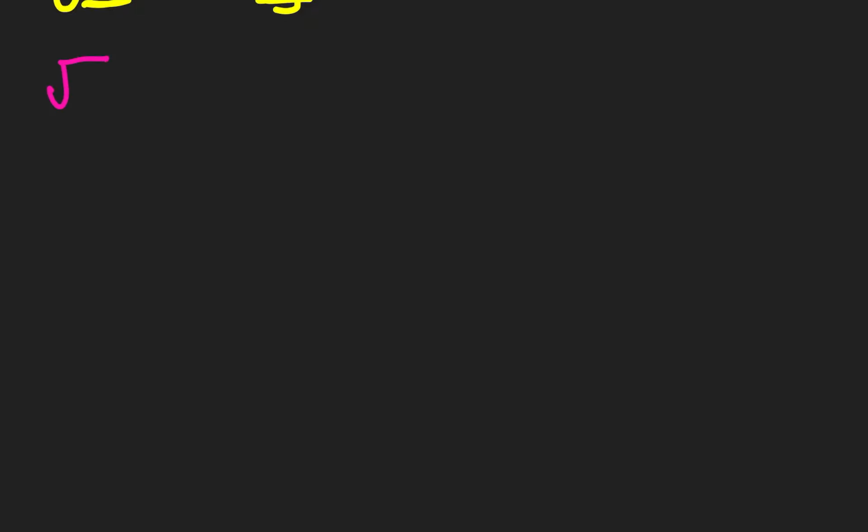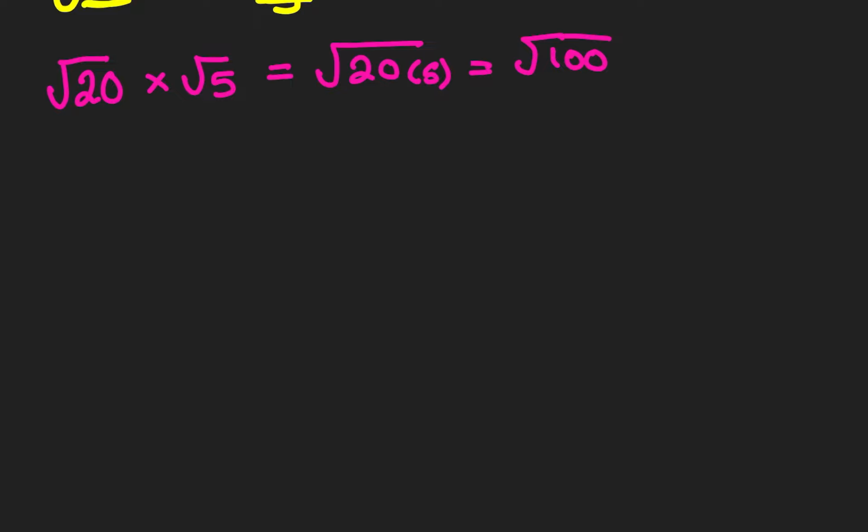Root 20 multiplied by root 5 equals root 20 times 5, and that is root 100. And do you know what root 100 is? That's basically 10.